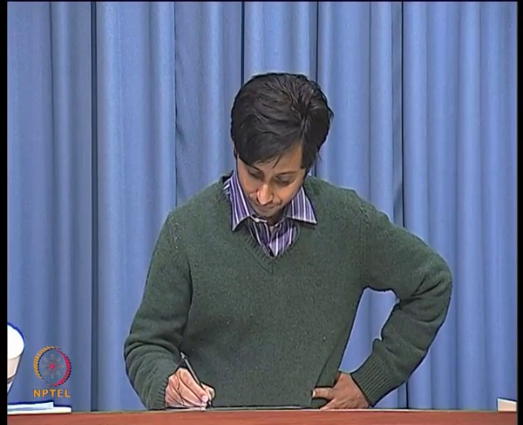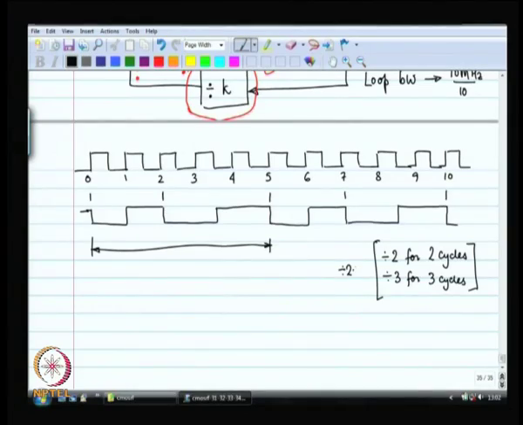Or rather, as far as the phase detector is concerned, do you think you have successfully divided by 2.5? Divide by 2.5 means a period of 2.5 seconds.